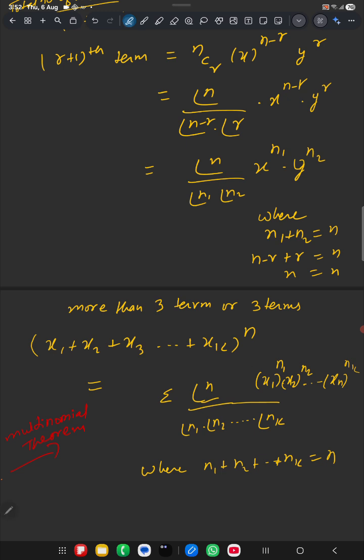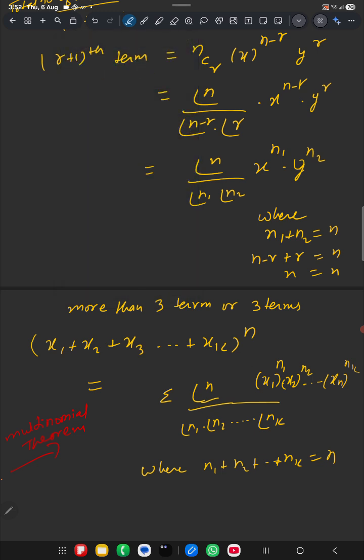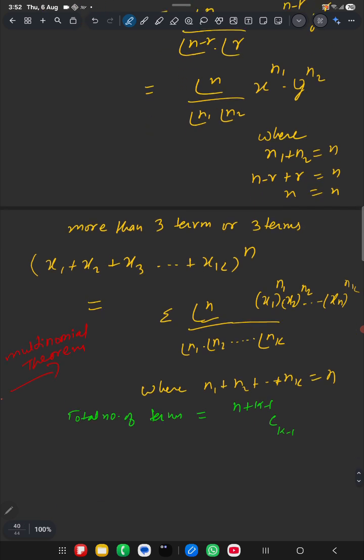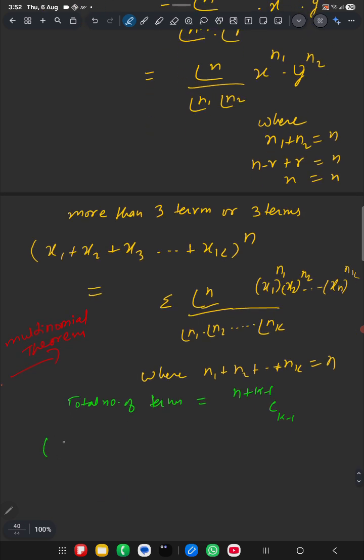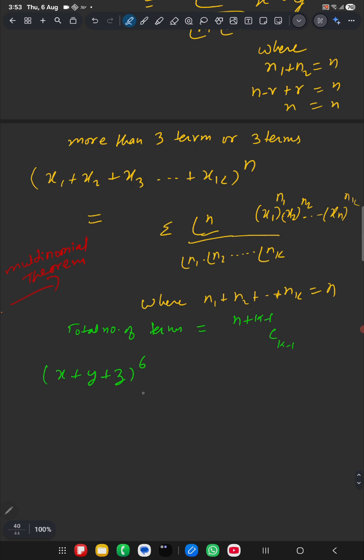Then we will solve this question. And here also one more thing: if you want to find the total number of terms, its formula is (n + k - 1) C (k - 1). Suppose I take your example, (x + y + z)^6. How many terms will be there?